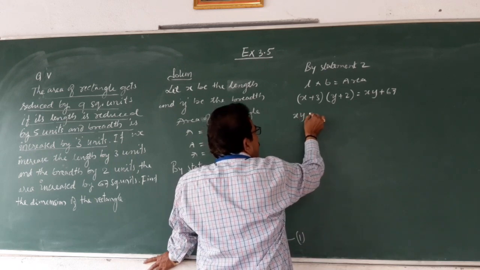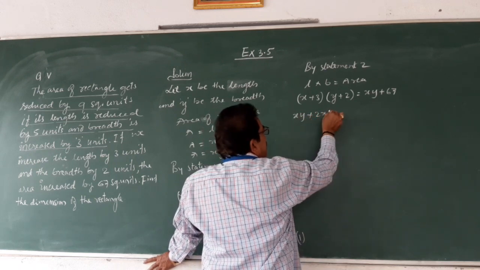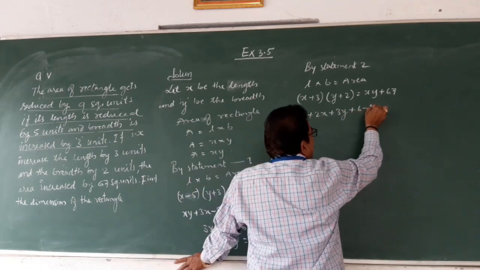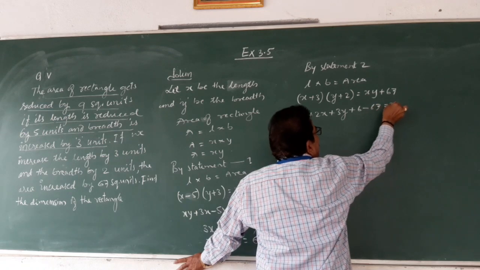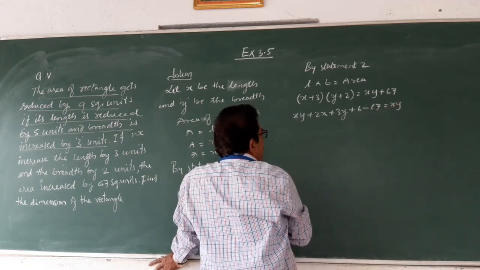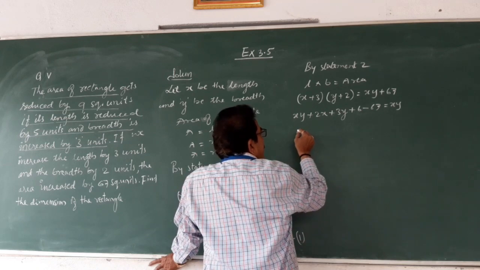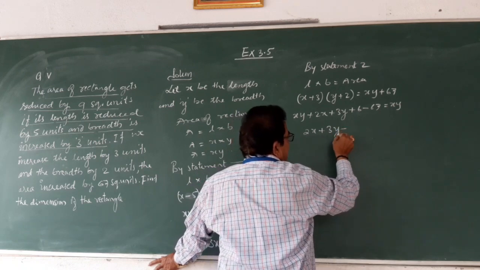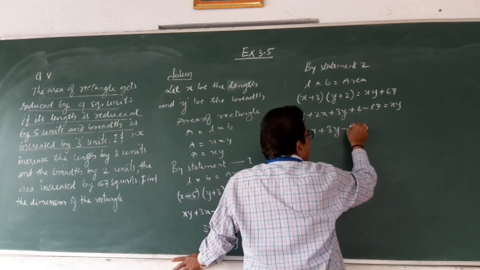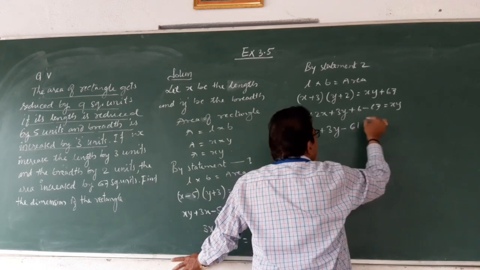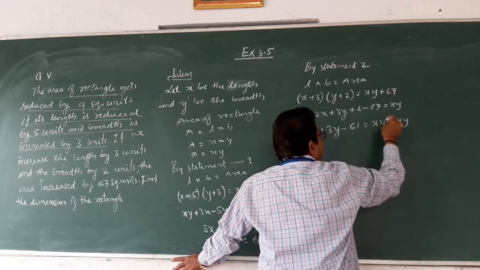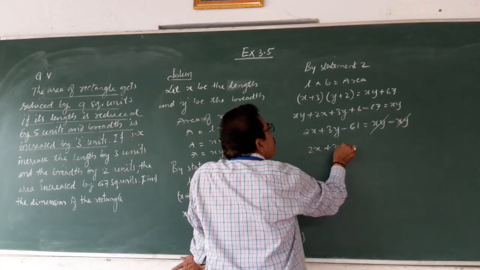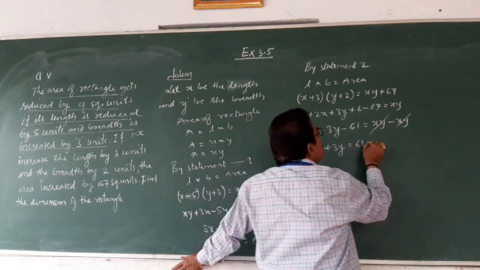Therefore xy plus 2x plus 3y plus 6 minus 67 equals xy. Then 2x plus 3y minus 61 plus xy minus xy gets cancelled. 2x plus 3y equals 61.